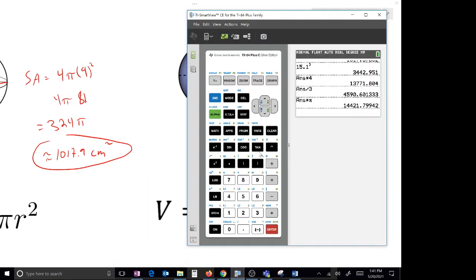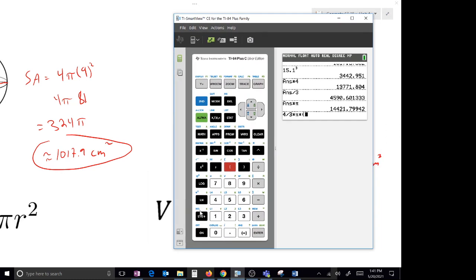You can do this whole thing at once if you know how to operate a calculator. You can put in the whole formula all at once and save yourself a little bit of time. If you have more of a graphing calculator like this, we can go ahead and do 4/3 times pi times our radius 15.1 to the third power.